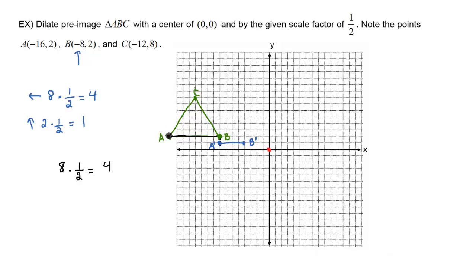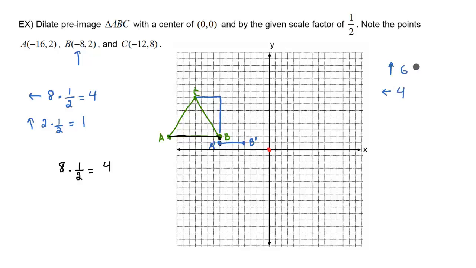Now to get the distance from B to C to get C prime down here, I would have to do the distance formula, but I could use the slopes to figure that out. So for example, I went up 1, 2, 3, 4, 5, 6, and I also went to the left 1, 2, 3, 4. So to the left 4 times.